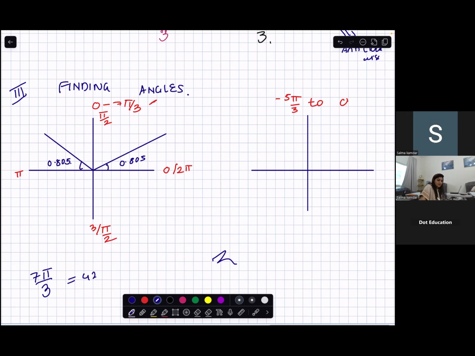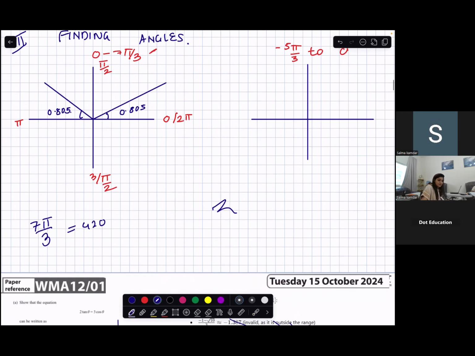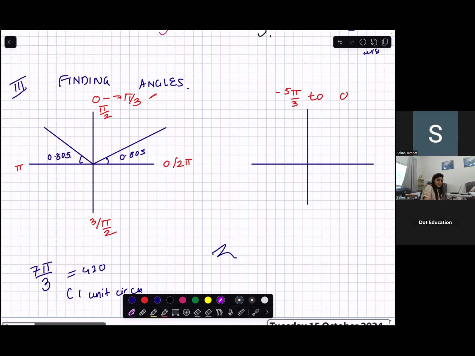So since this is 420 degrees, I know that it is going to complete one unit circle. 360 plus 60 is 420, so it's going to complete one unit circle, and it is going to be somewhere here. Okay? 420 degrees. This is 7 pi by 3.